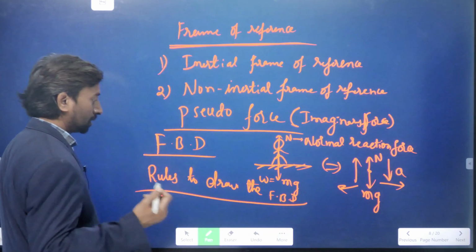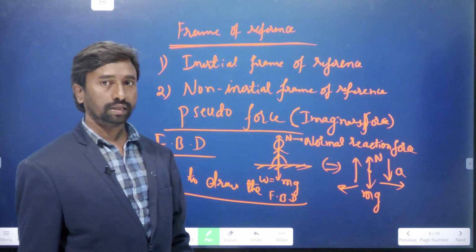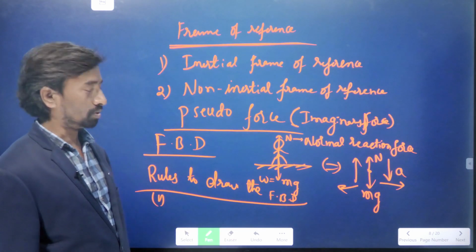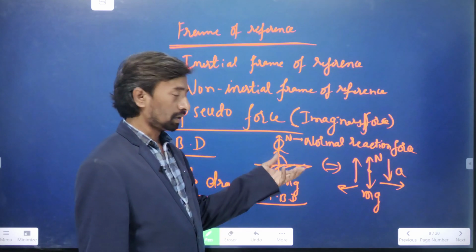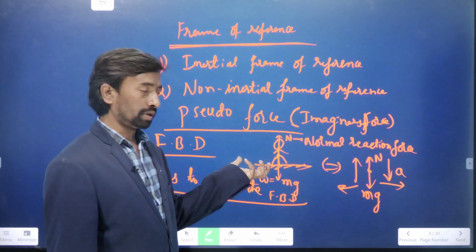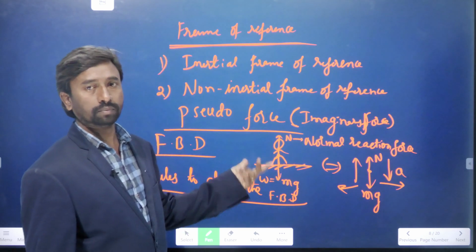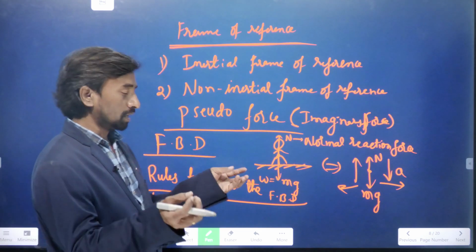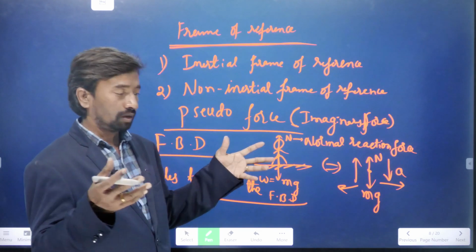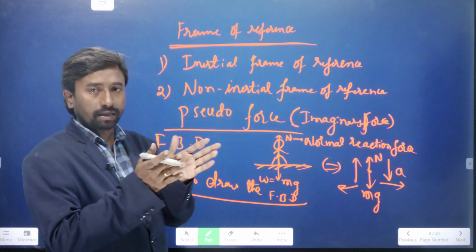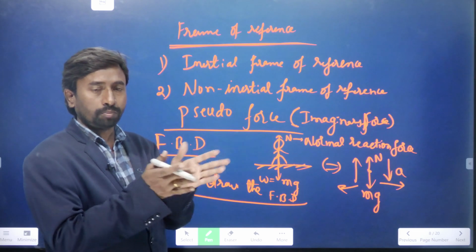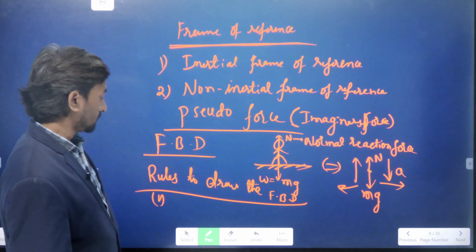We should decide whether the system has only a single body or a group of bodies, and in which reference frame they are present. Whether the bodies are connected with strings, or are in contact: two bodies in contact or three bodies in contact. So we have to decide the system.